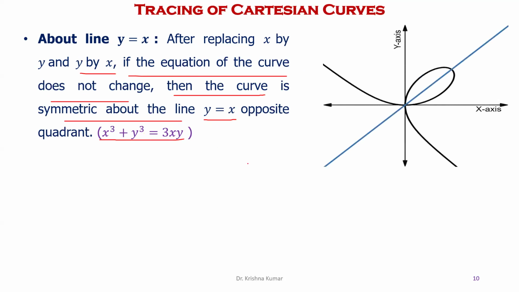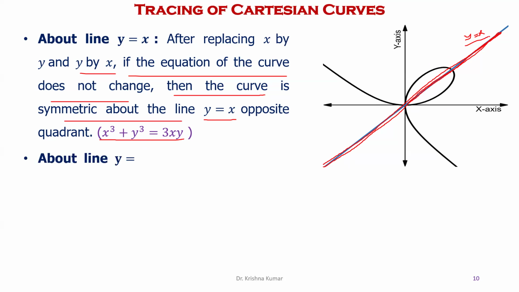Just look here. If we draw this line, this is the line y equal to x. So this line y equal to x divides the whole curve into exactly two parts. So this curve is symmetric about the line y equal to x.